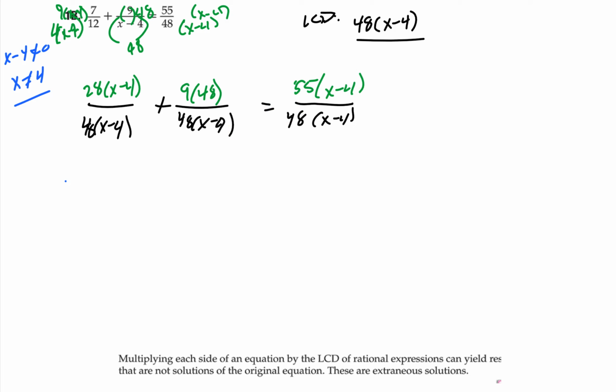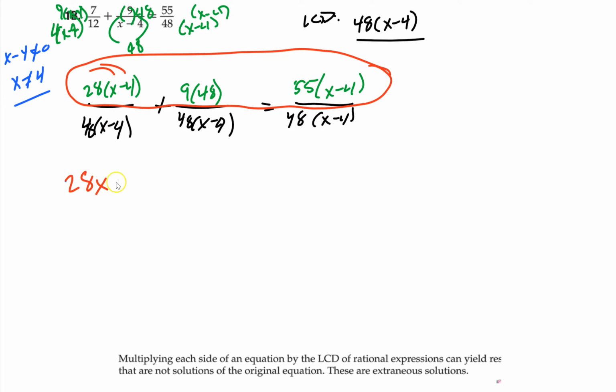Now, once we have all the bases the same, we could drop them and just solve the numerators. So we're just going to solve this. Right, so 28, distribute that. Oh, not pretty. Minus, let's see, 28 times 4, that's 112. Plus 9 times 48.